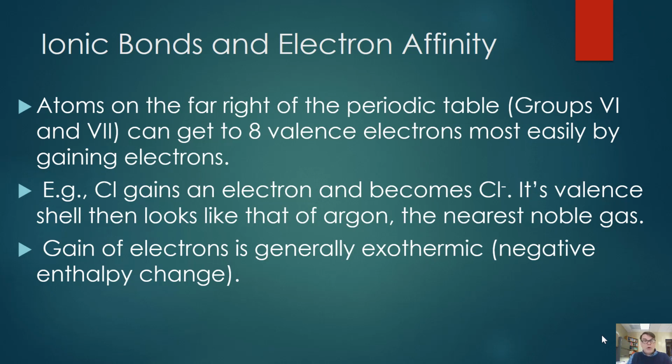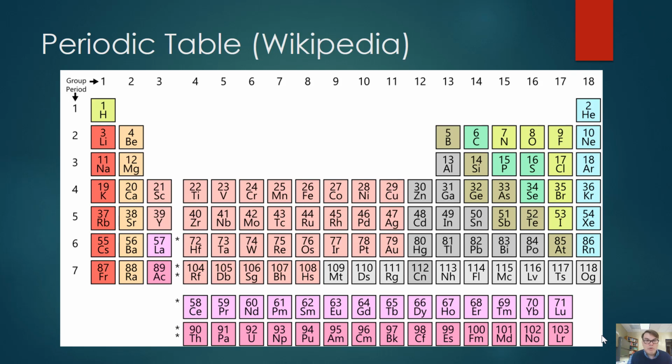So I'm going to go with it. Okay, so just to visualize what we've been saying, I took this chart from Wikipedia, it's a public source. So these are the alkali metals and the alkaline metals. In their neutral state, they only have 1 electron in their outer valence shell: hydrogen, lithium, sodium, potassium, rubidium, cesium, francium. So the easiest way for sodium to get to 8 electrons in its outer valence is to get rid of that 1 electron it has.